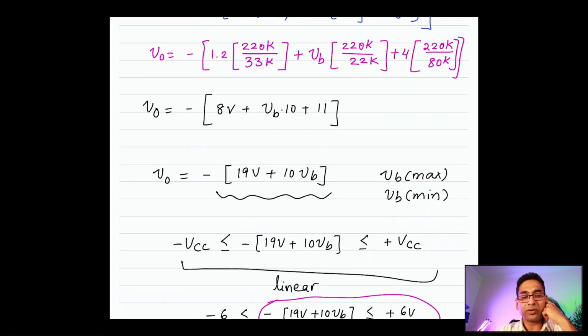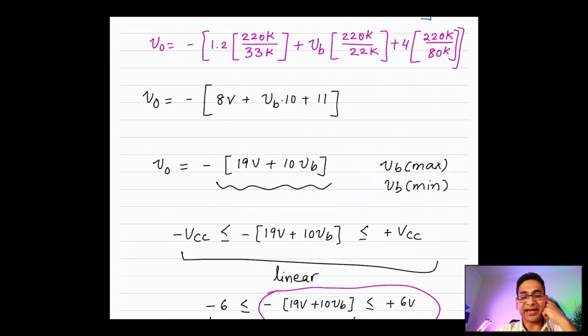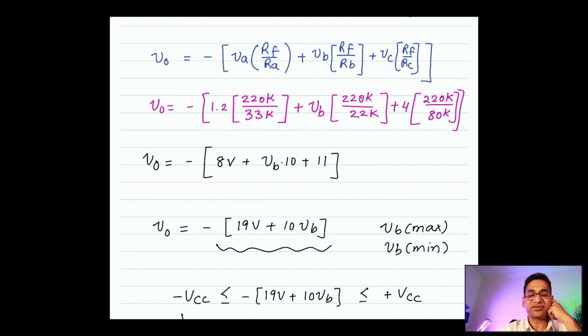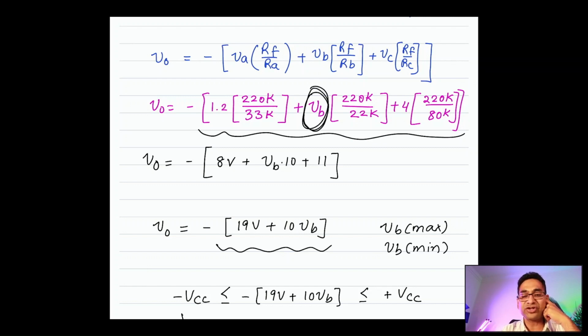To calculate the range, all we have done is take this exact same formula and plug in all the numbers except VB, because we are trying to find the range for that. We don't know the range, so we leave it as VB.